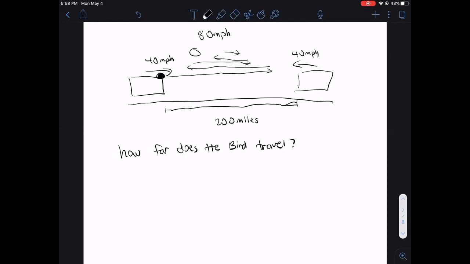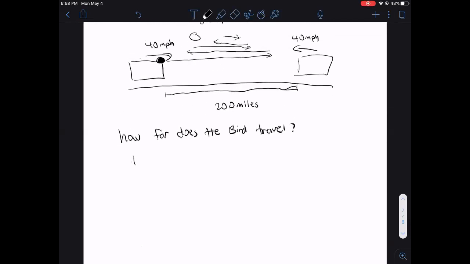The bird is traveling 80 miles per hour the entire time. So what does this mean? It's a constant speed, and all we have to do is compute the time that it travels for. The trains are actually moving 40 miles per hour each, but relative to each other, they're moving 80 miles per hour.